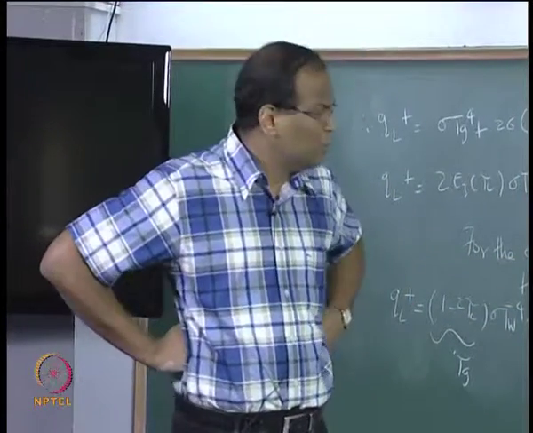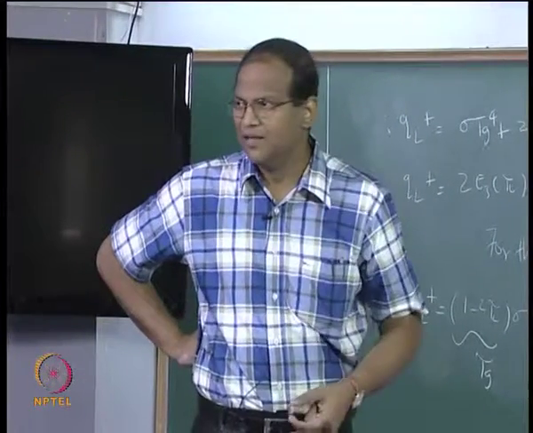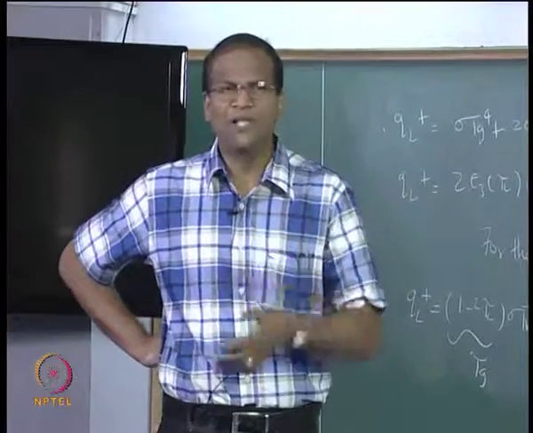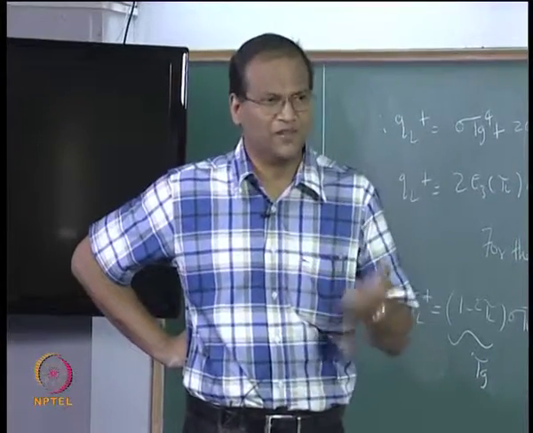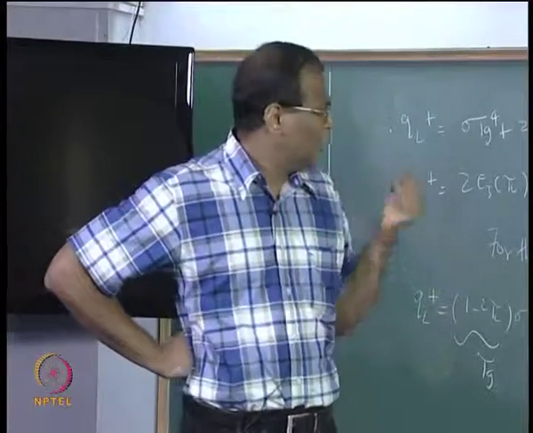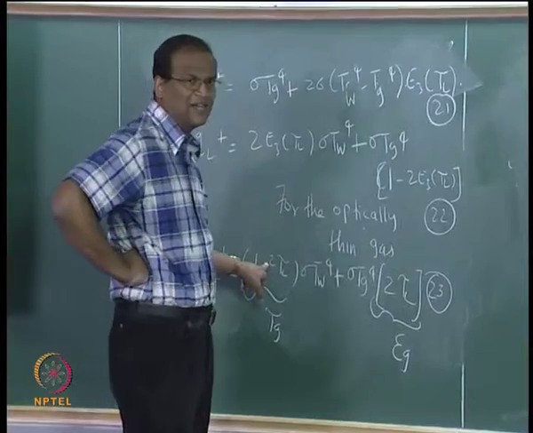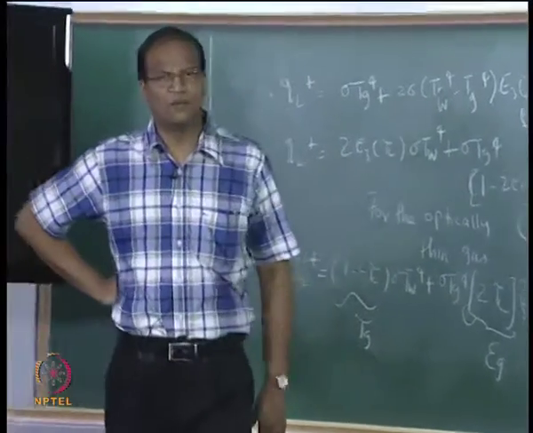Okay. So this 2L is the mean beam length for a plain gas layer. This mean beam length will change for a cylinder, for a sphere, and so on. So if you are able to calculate the mean beam length, and if you also know the kappa, you have a handle, you can calculate the equivalent gas emissivity, and then from the gas emissivity use this relation and calculate the gas absorptivity, and you can proceed further.